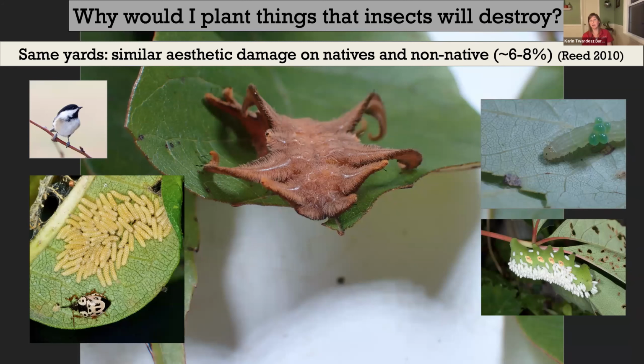So Aaron Reed, who was at Delaware at the same time as me, did a study in the same yards that I had looked at caterpillars and birds within, and found that there was actually similar aesthetic damage levels on those native and non-native landscaped yards. So people aren't going to notice that these insects are consuming all of your plants and you don't have any beautiful garden left. If you have enough of these predators and things, you will have a balanced system and you won't actually have a ton of defoliation happening.